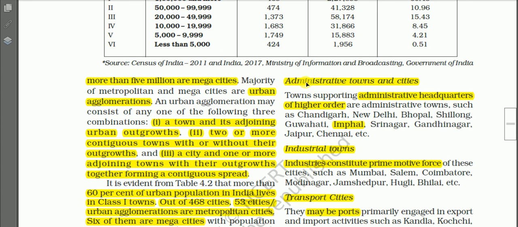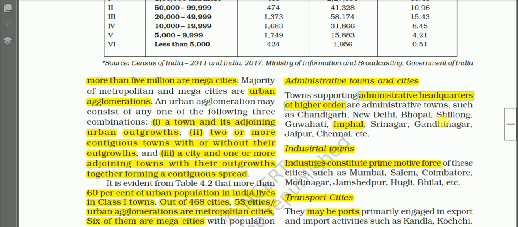Okay, see, the first type of town based on function is the administrative towns and cities. Towns supporting administrative headquarters of higher order are known as administrative towns or cities. Actually, in these administrative headquarters, you will find most of the government offices.